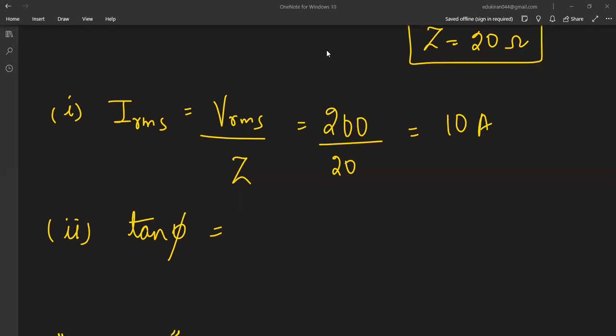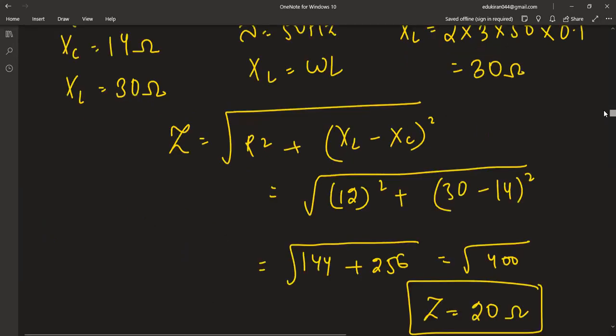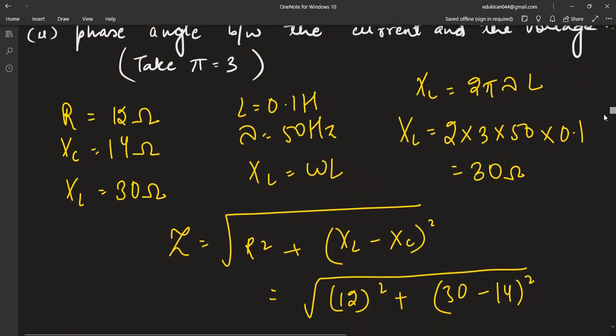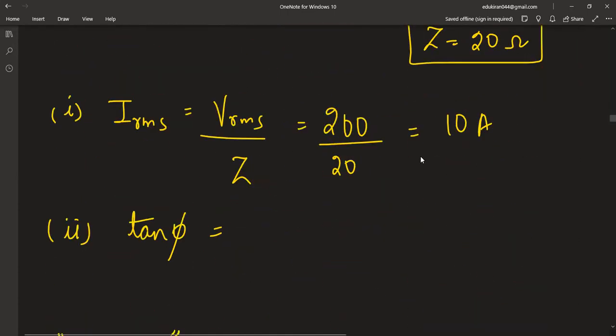You must have written the formulas for the impedance triangle. There I made you write two formulas, one for tan phi, one for cos phi. Should we use XC minus XL here or XL minus XC? XL minus XC, ma'am, because XL is greater than XC. Yes, good.